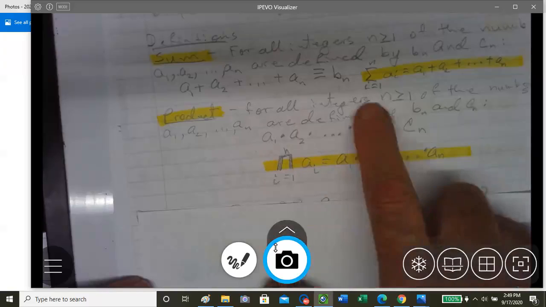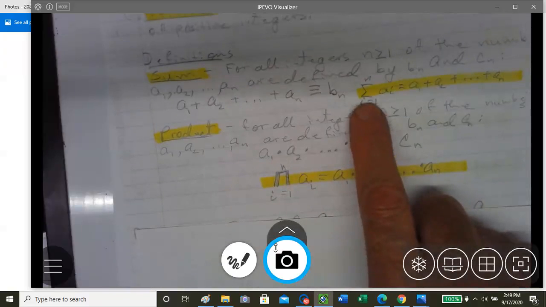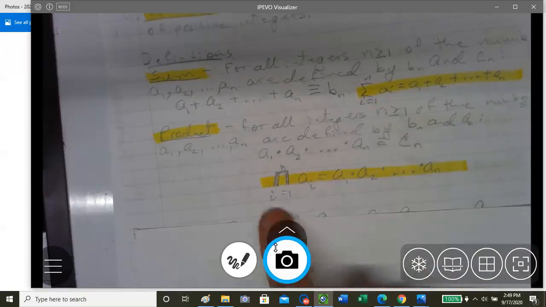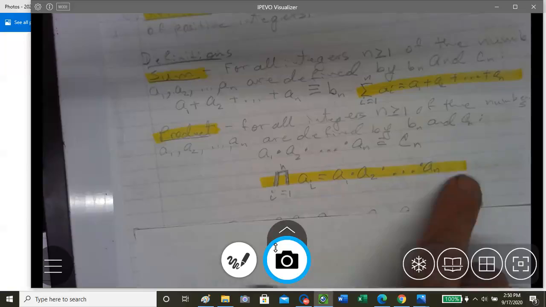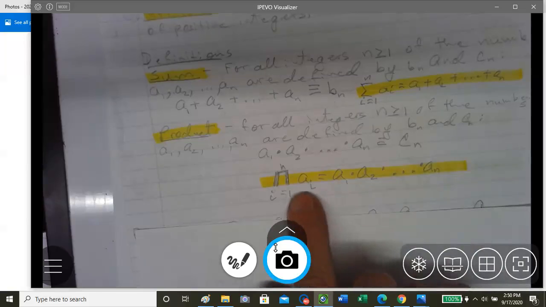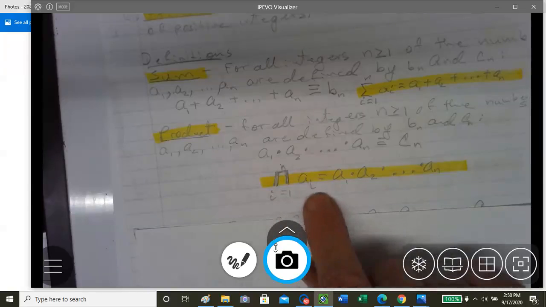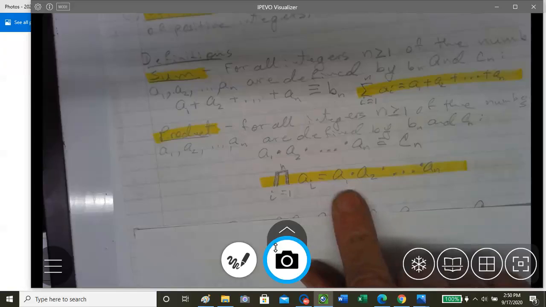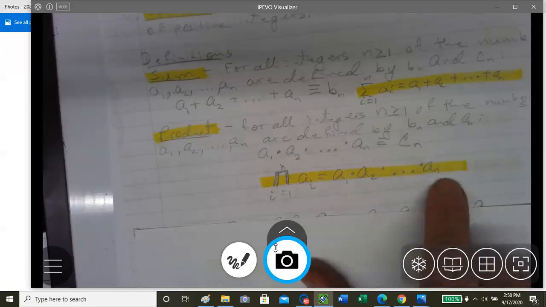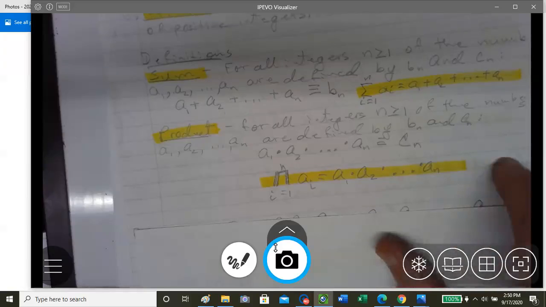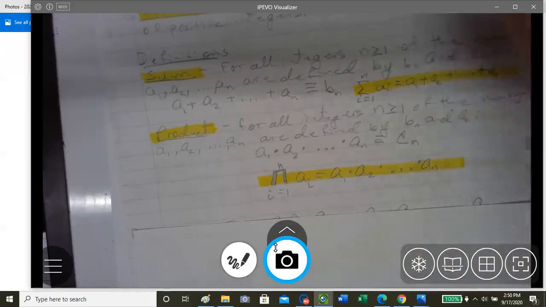Just like the summation sign, sigma, is used for a sum, we have a symbol here for multiplying as a product. So instead of adding, you're multiplying these numbers. So where i equals 1 to some number n, the product of a sub i is a sub 1 times a sub 2, and then times a sub n, equals some number c.